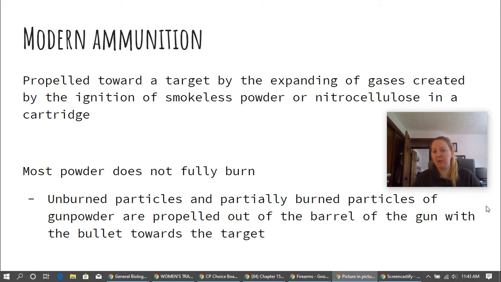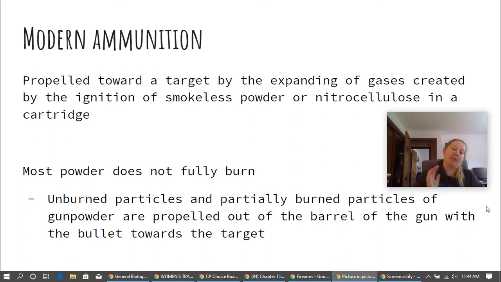Most powder does not always fully burn. Unburned particles and partially burned particles of gunpowder are propelled out the barrel of the gun as well as out the ejector towards the target. This is why people often have their hands swabbed if they're caught at a scene, to make sure they were not the one that fired the gun.